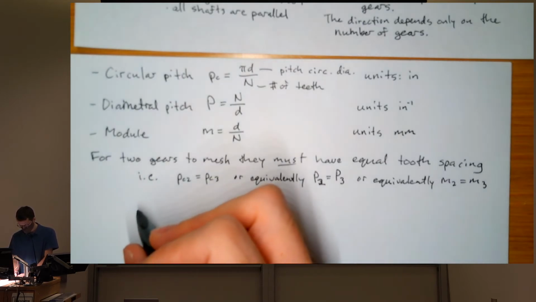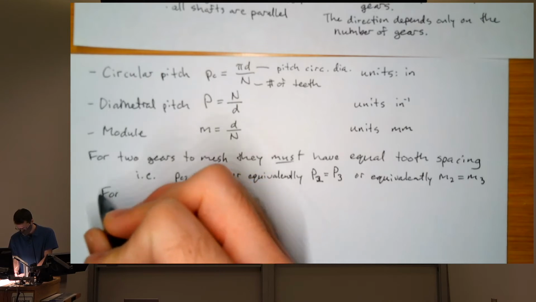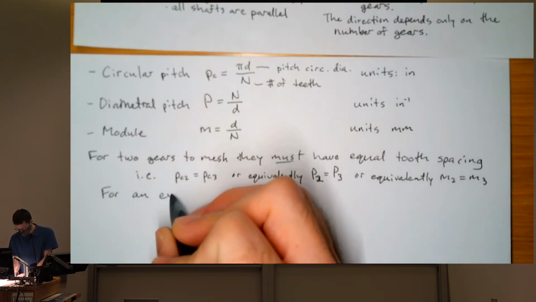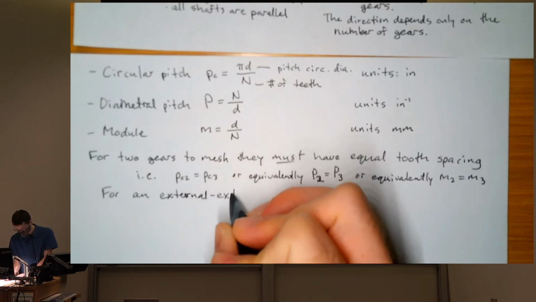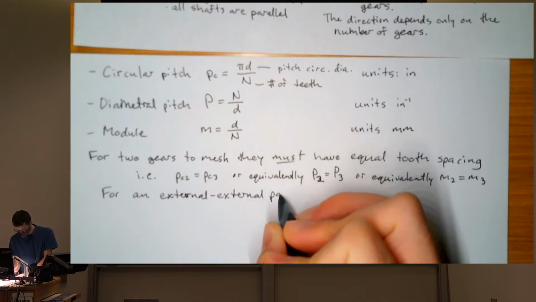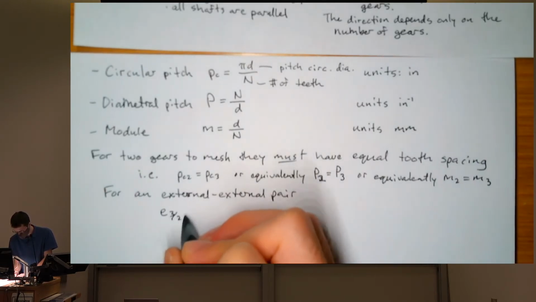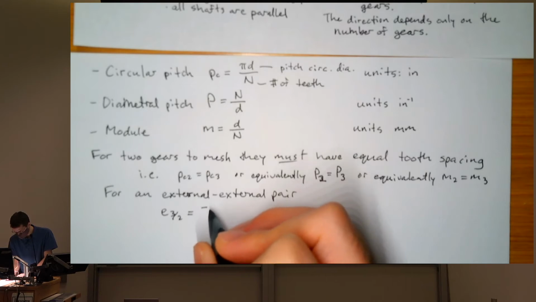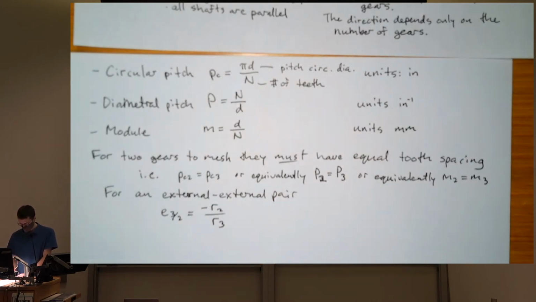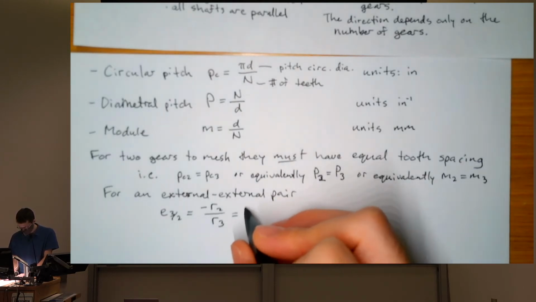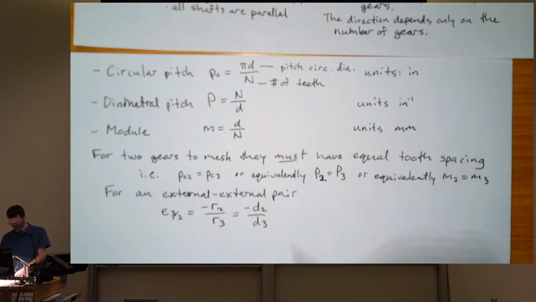So for an external gear pair, we said that E32 is equal to negative R2 over R3, which is the same as saying negative D2 over D3. The ratio is the same.